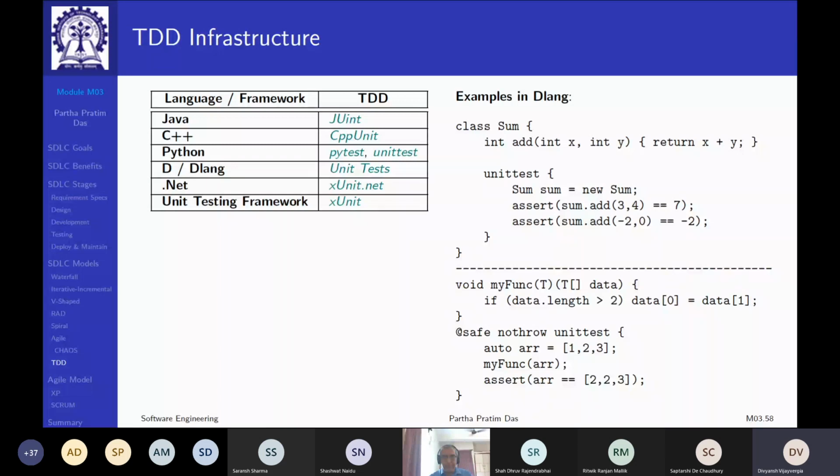So that's the basic idea. You have JUnit originally, then C++ produced CppUnit. Python has that. .NET has a unit test framework as well.